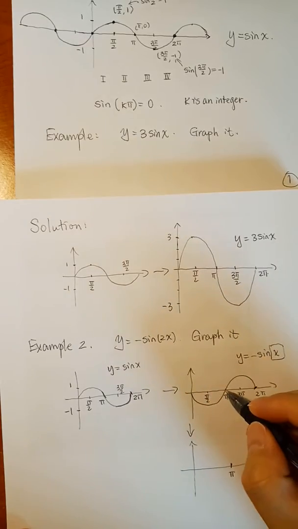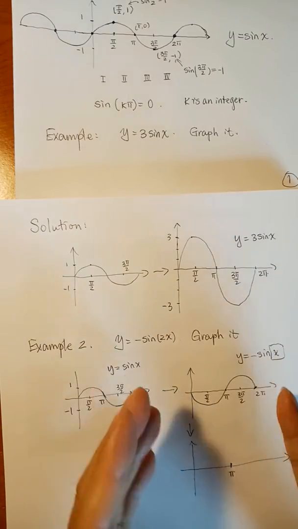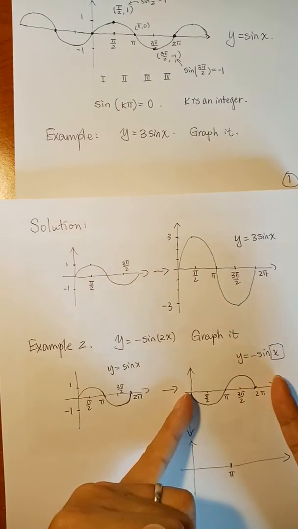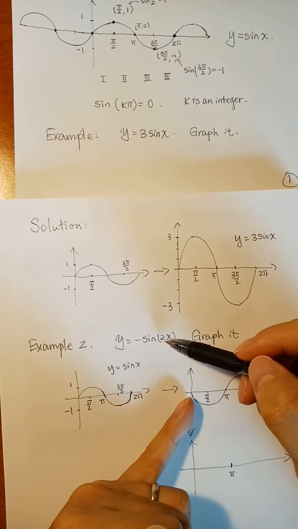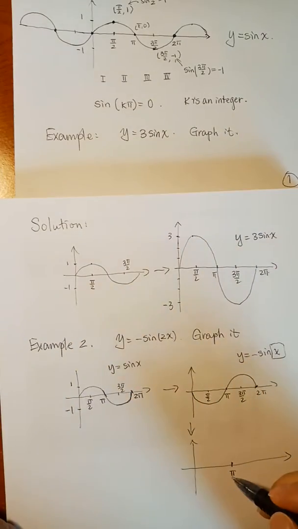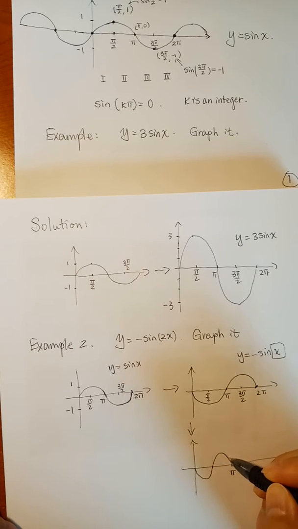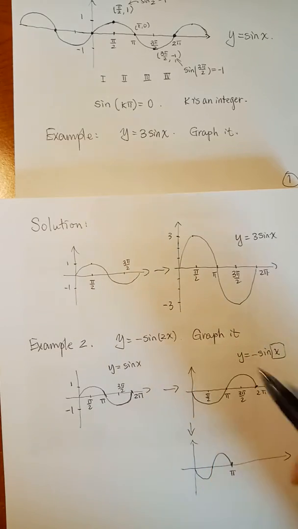Okay? So whenever you have a coefficient 2 here, you squeeze this graph from 0 to 2 pi into 0 to pi, because the coefficient 2 already makes it big enough. You see, when x is pi, you get sine 2 pi.